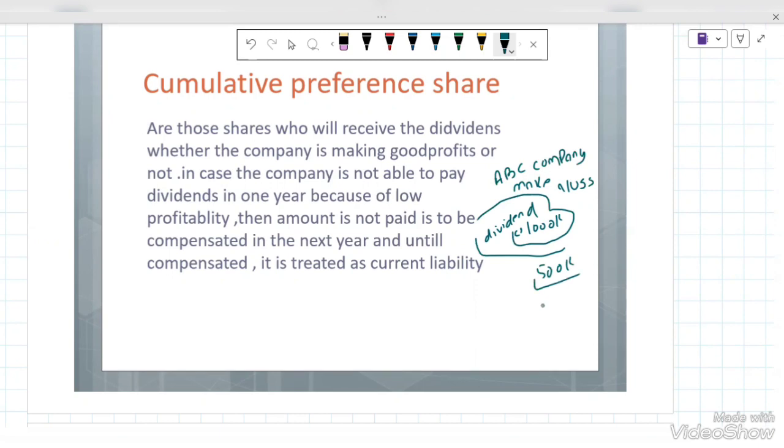So the remaining 500K will be current liability for the business. Okay. So this happens in the case of cumulative preference shareholders, or shares, you can say whatever you want.